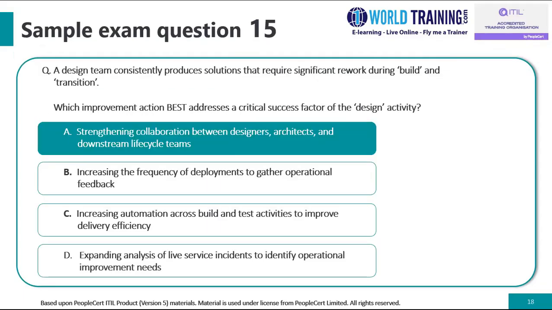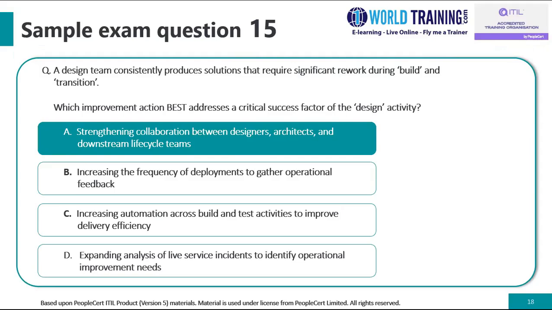The correct answer is A, strengthening collaboration between designers, architects, and downstream lifecycle teams. A critical success factor of design is early and ongoing cross-functional collaboration, especially with teams responsible for build, transition, operate, deliver, and support to prevent downstream rework.